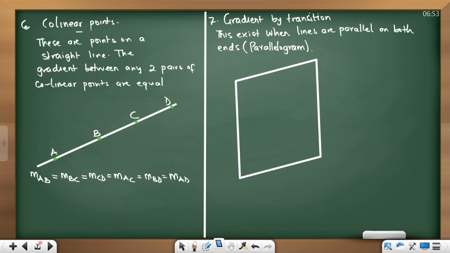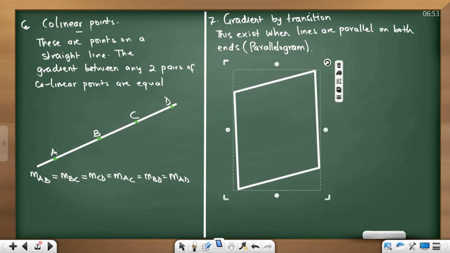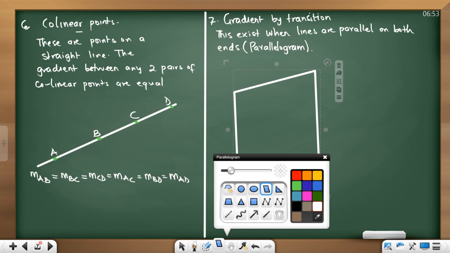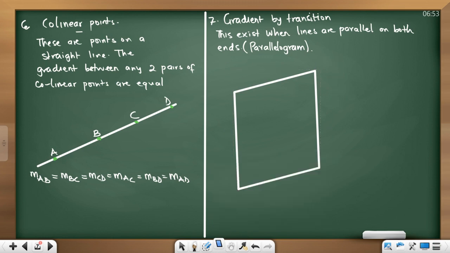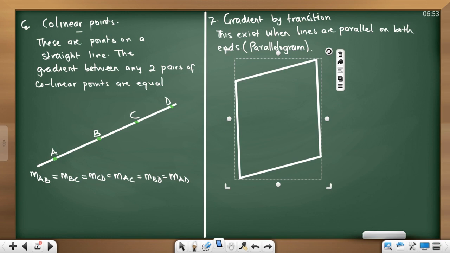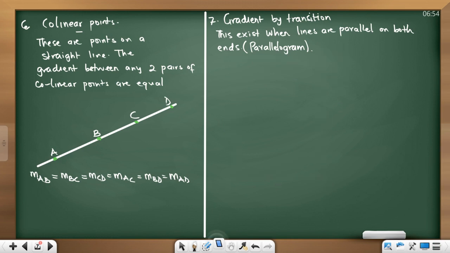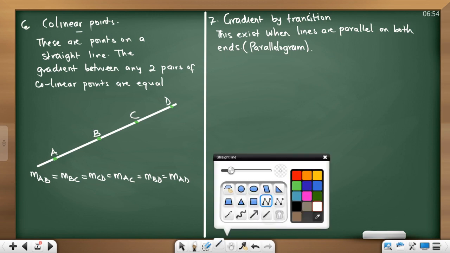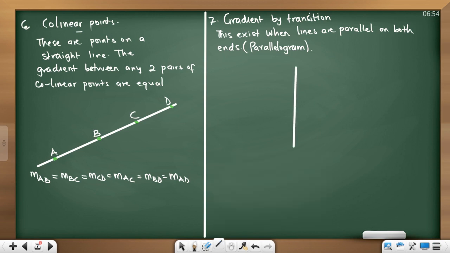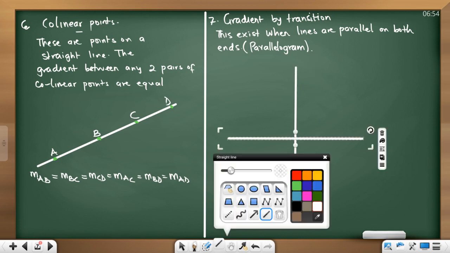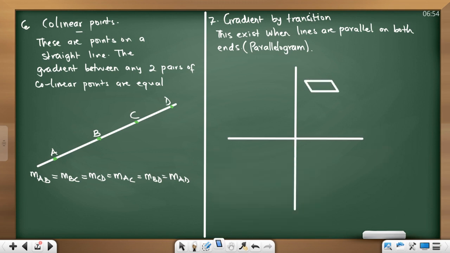Let me put it in my coordinate system first, so that it looks easy for everyone to relate with. Here I won't be doing any calculation. I'm just going to be looking at the movement.